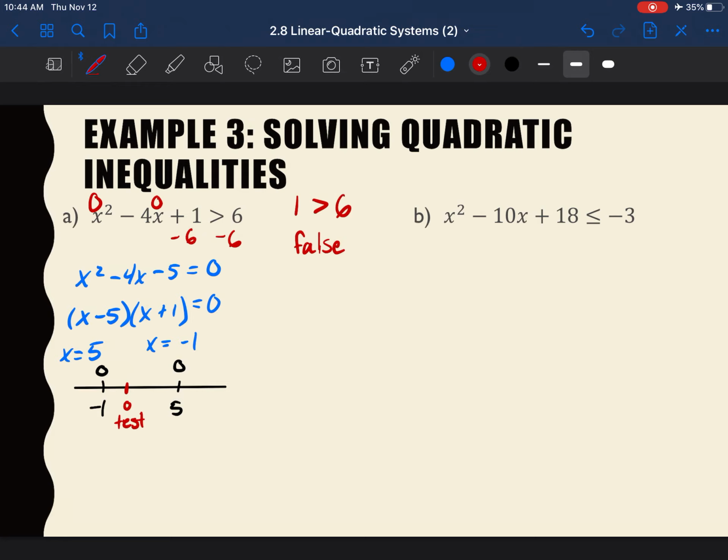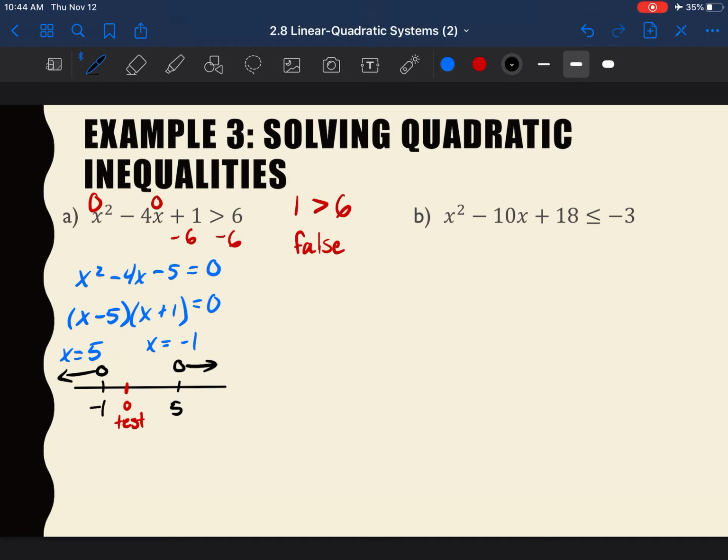Because that's false, that means the 0 that we tried to test is not part of the solution. Therefore, the solution has to be everything outside of those two circles. So to the left and to the right. So then, once we figured out where it's going to be, then we just need to write our answer out.